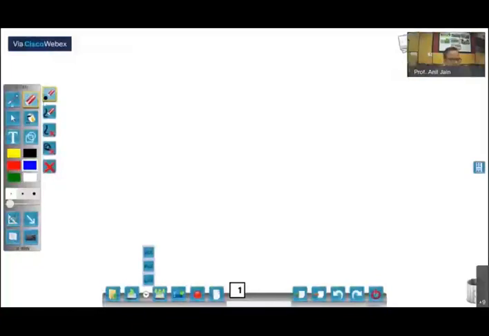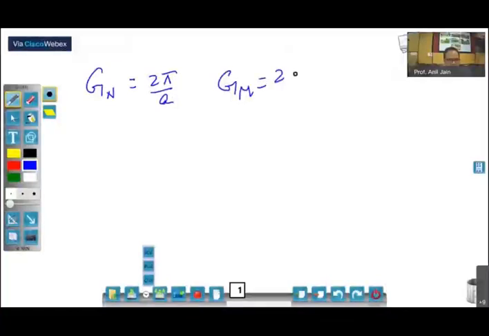Here Gn is 2 pi over A, Gm is 2 pi over A. Now you do the experiment at temperatures above and below the magnetic ordering temperature of your sample.